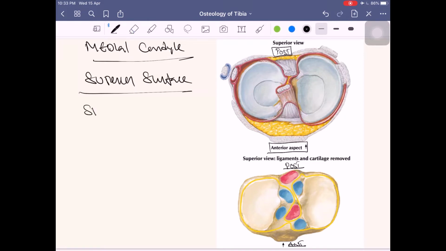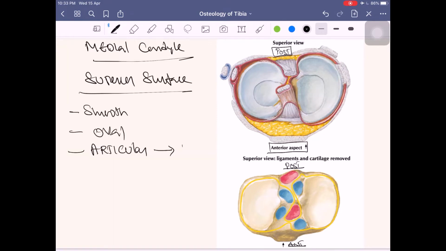The features of the superior surface: it is smooth, and it is oval. If you observe both of these, for it to be oval, your anteroposterior diameter should be more than your transverse diameter. That is how you call it oval. So it is smooth, oval, and definitely articular. It is covered by hyaline cartilage, so it is articular.